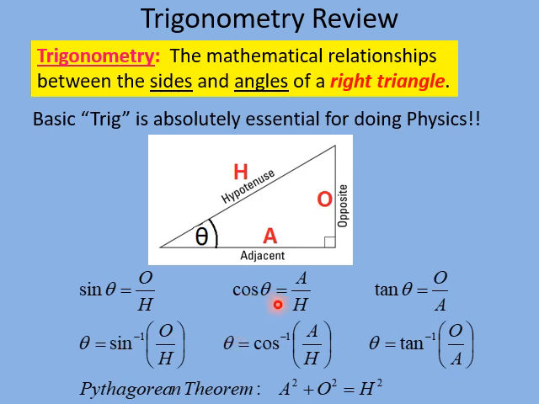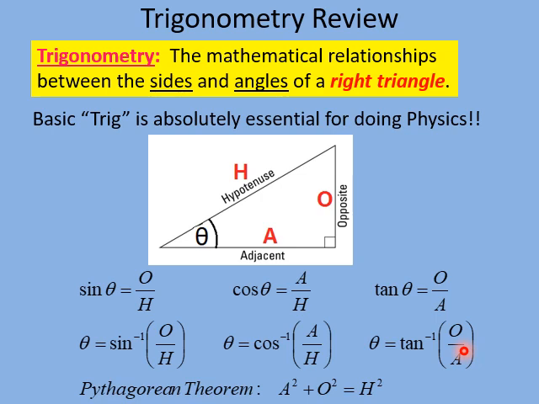Likewise, for the cosine, theta is equal to the inverse cosine, or the arc cosine, of A over H. And finally, for the tangent of theta, theta is equal to the inverse tangent of the opposite over the adjacent.